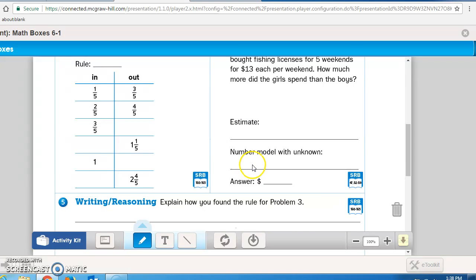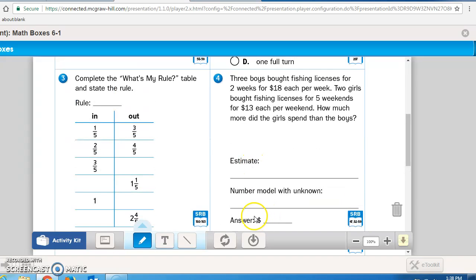So again, it says 2 girls bought fishing license for 5 weeks for $13.